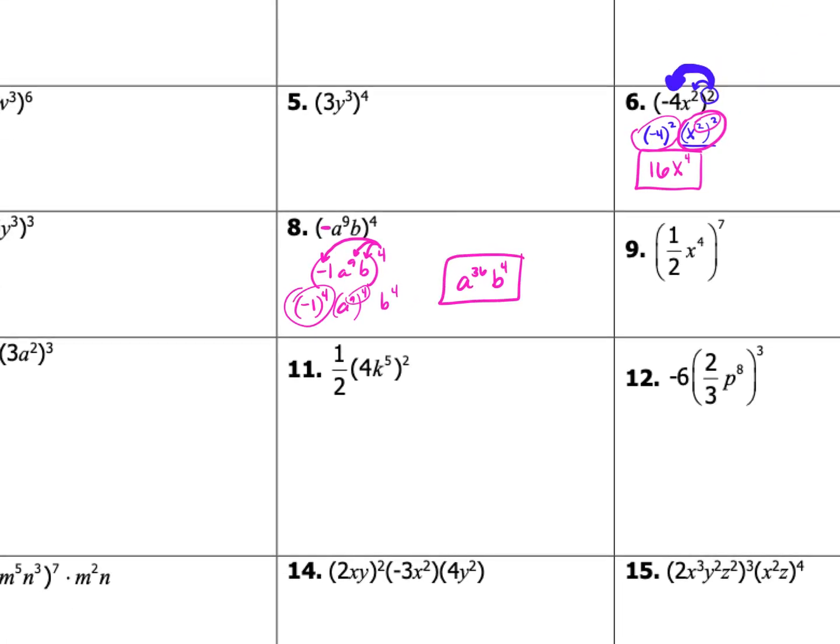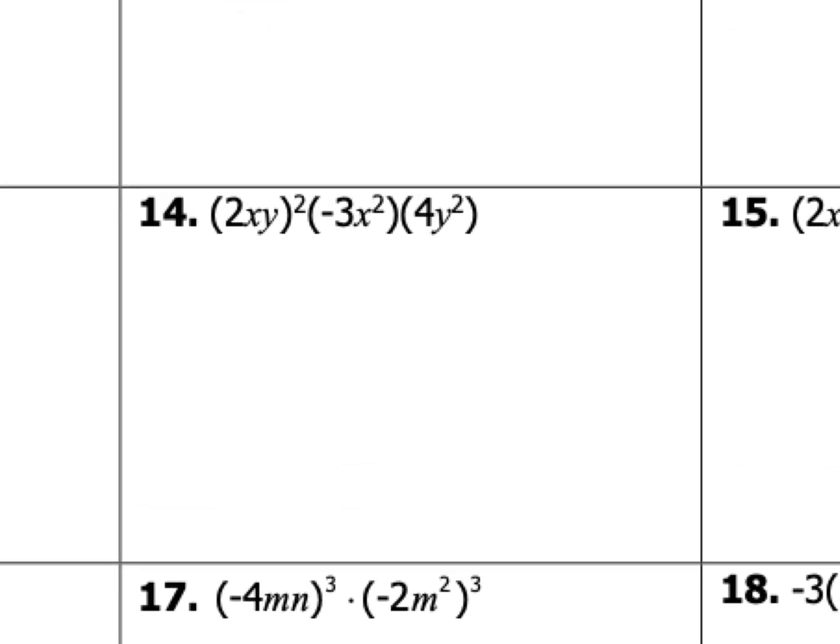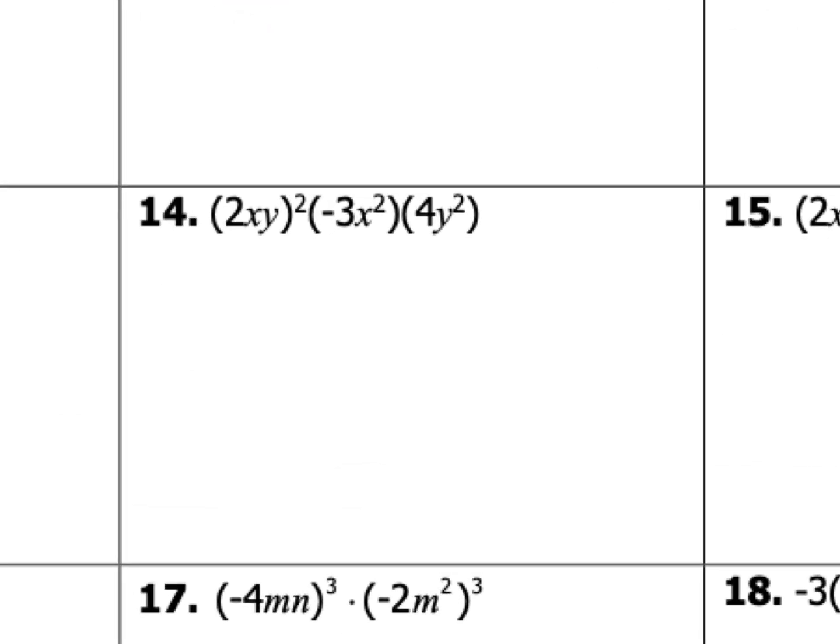And then let's go to 14. Okay, number 14, this squared, when it's outside of the brackets, that 2 has to go to everything inside of the brackets, whereas this one is inside, that's only attached to the x right now.